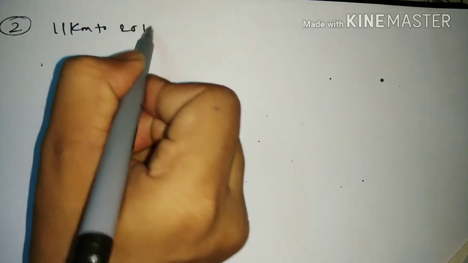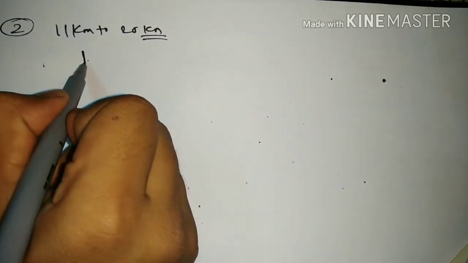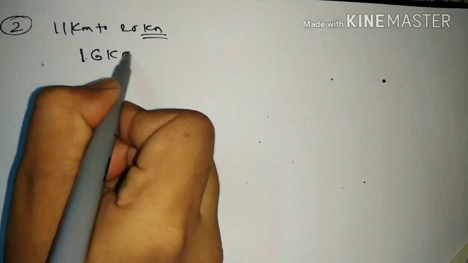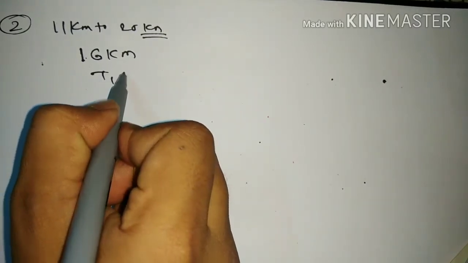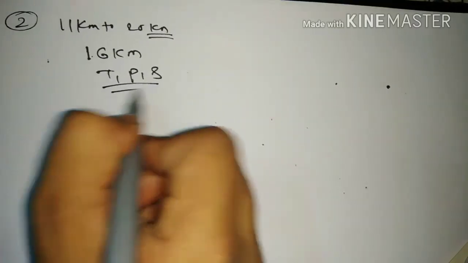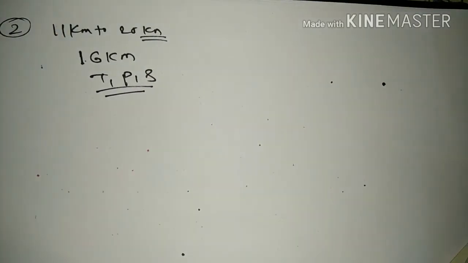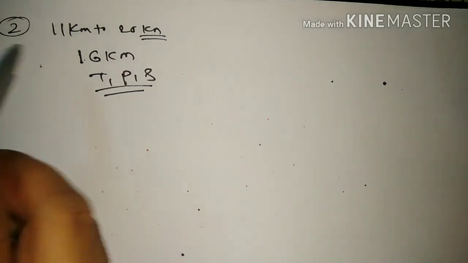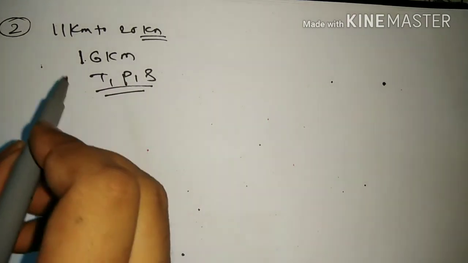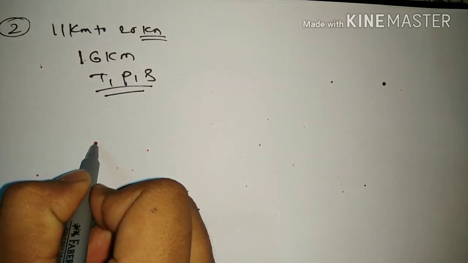So we are going to find the temperature, pressure and density at maybe 16 kilometer, because it is in the pause condition. Here the reference value will be different.